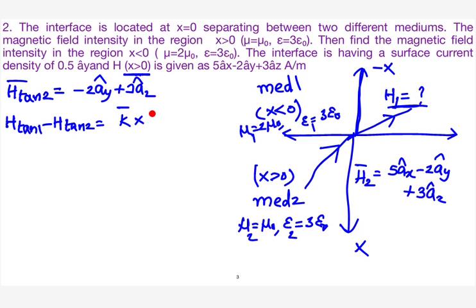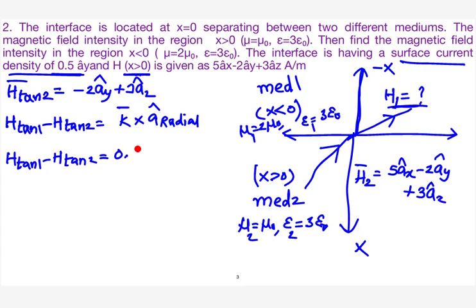K cross the radial direction. So H tan 1 minus H tan 2 is equal to, of course in this case there is no surface current, right? I haven't given any. No, I have given a current density, sorry. I have given a current density of 0.5 ay cap.